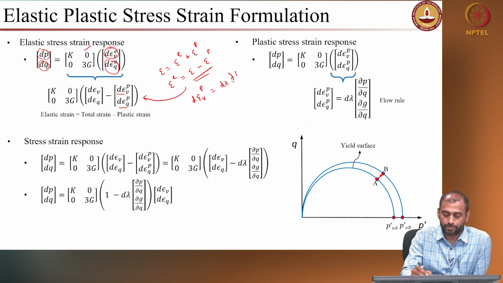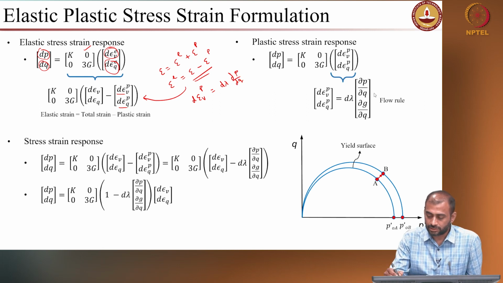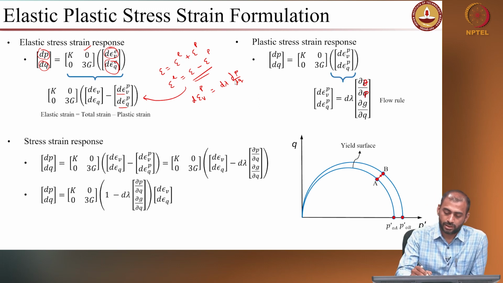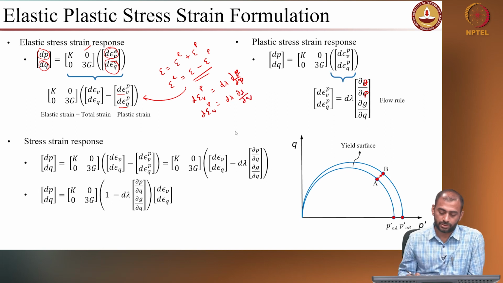dg by dp. Sorry, I think there is an error here. So, this is dg by dp, right. Similarly, d epsilon qp is equal to d lambda into dou g by dou q, right.